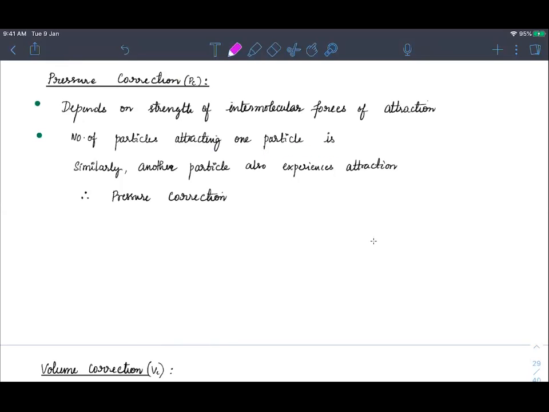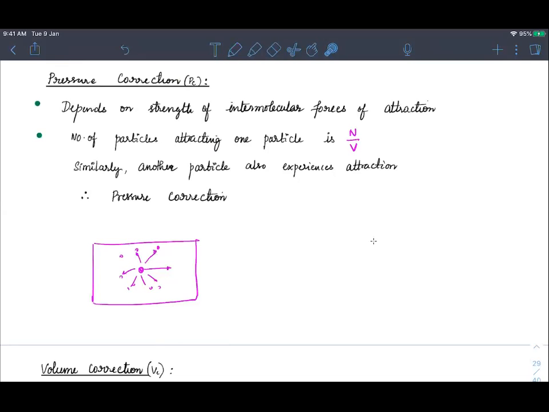Suppose a gas particle is moving, the rest of the gas particles present around it will start attracting this particle if there is an attraction. So the amount of attraction on that particle depends upon the number of particles per unit volume, so that would be n by v.